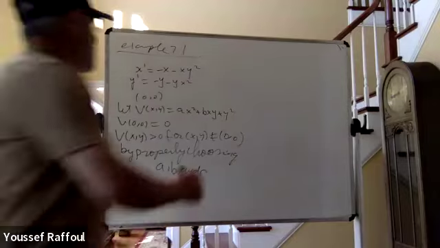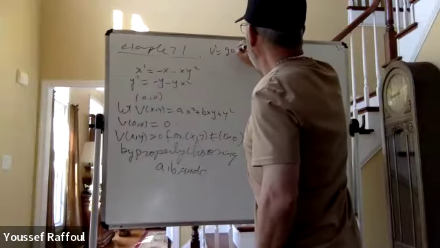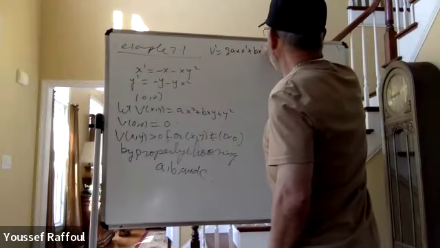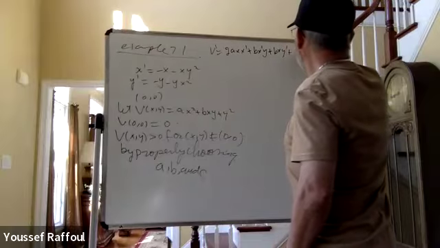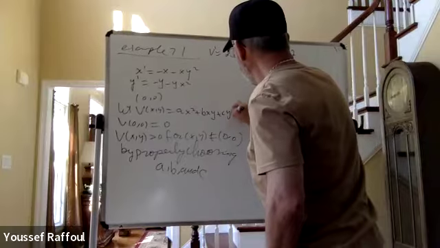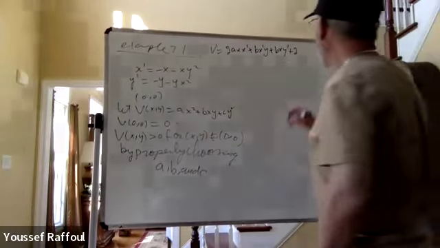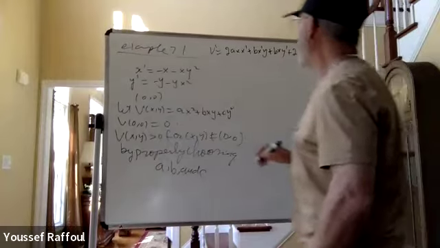Okay? So V prime is 2ax x prime plus bx prime y plus bxy prime. Oh, this is a C. There is a C here, cy squared plus 2cyy prime.